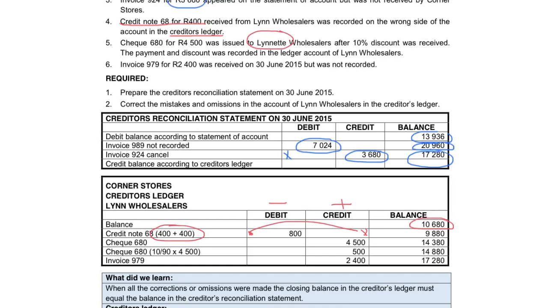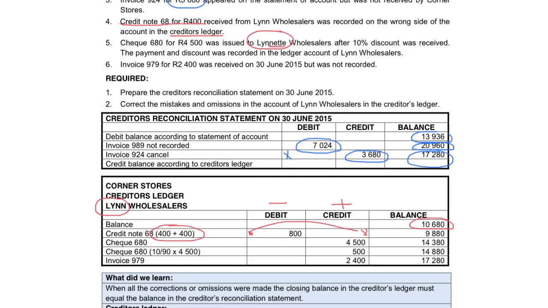Who is this business that we are doing at the moment? Lynn Wholesalers. So it means that the business made a mistake in the books of Lynn Wholesalers, recording a check that was issued to Lynette Wholesalers in the wrong account.